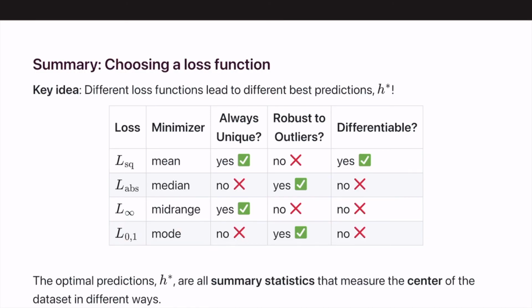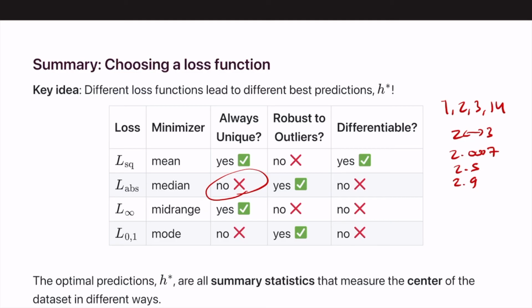So just to recap, if you had 1, 2, 3, and 14, the median could be anything between 2 and 3, like 2.007, 2.5, 2.9, and so on. So that's what we mean by it's not always unique under certain conditions, as these all minimize it.